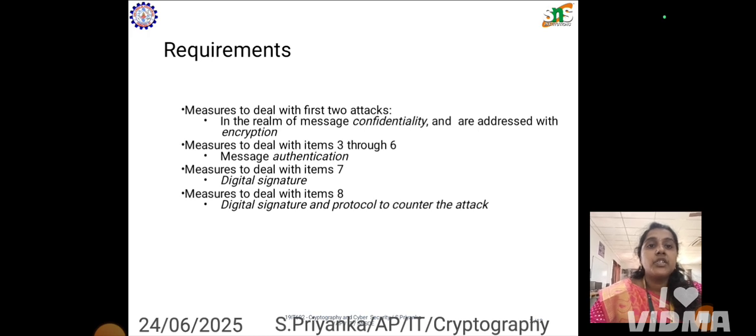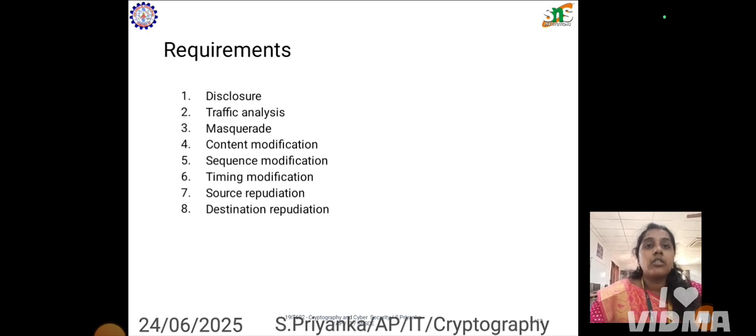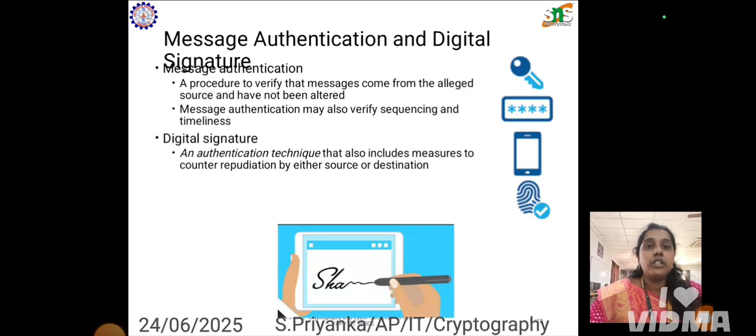Next, measures to deal with item 8, that is digital signature and a protocol to counter the attack. These are all the requirements as we see. First is disclosure, next is traffic analysis, next is masquerade, then content modification, then sequence modification, then time modification, then source repudiation, and finally destination repudiation.